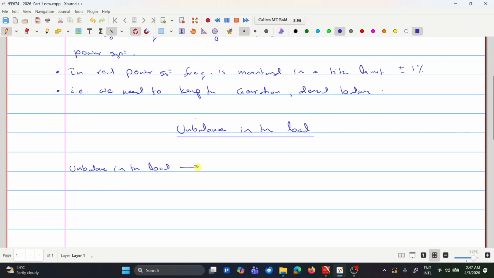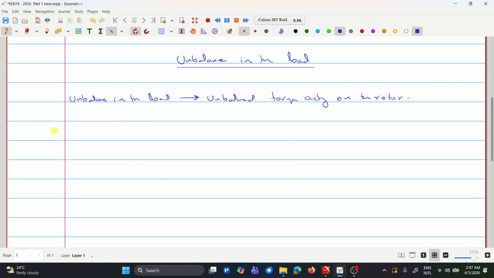This unbalance in the load basically creates an unbalance torque acting on the rotor of the synchronous generator, right?